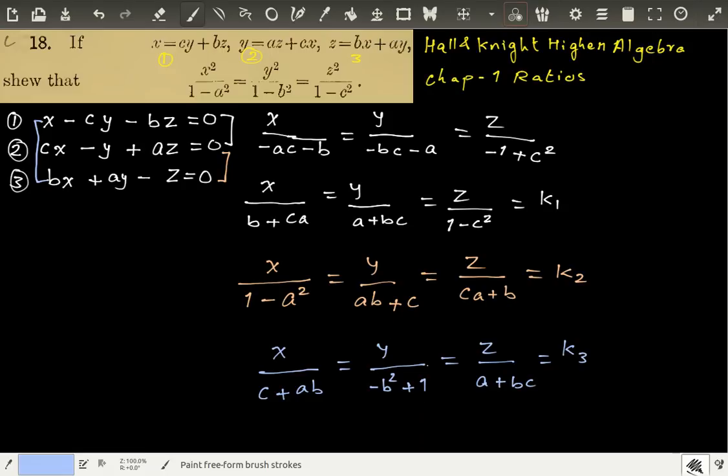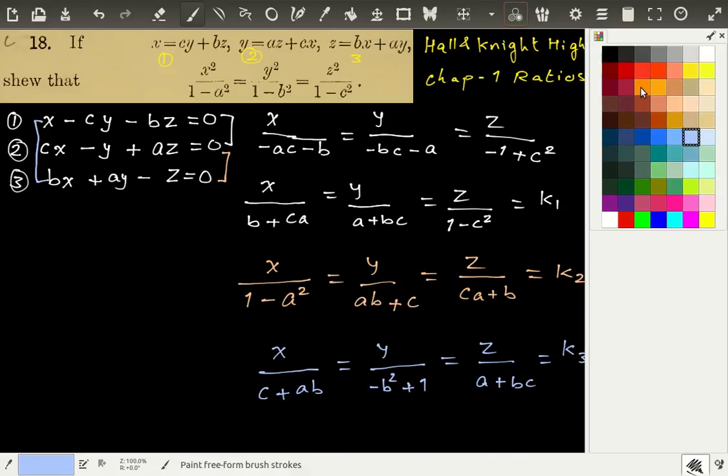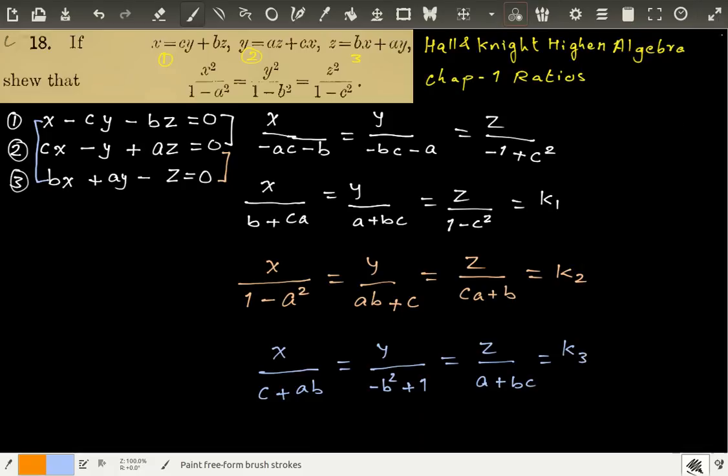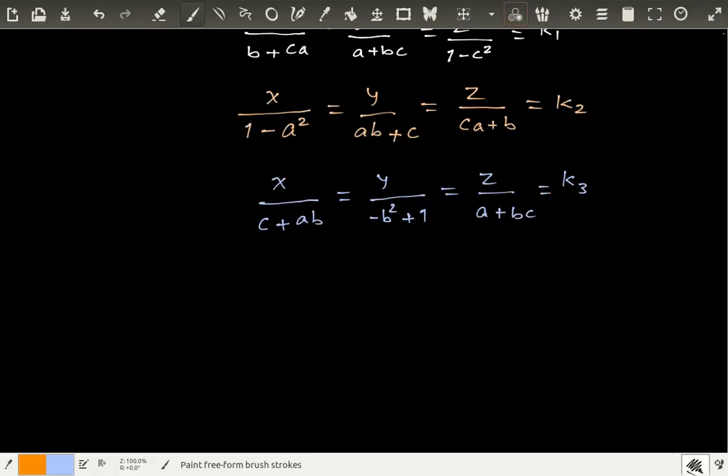So let us find out the value of k2 times k3. k2 times k3 can be written as x square over 1 minus a square into c plus ab.